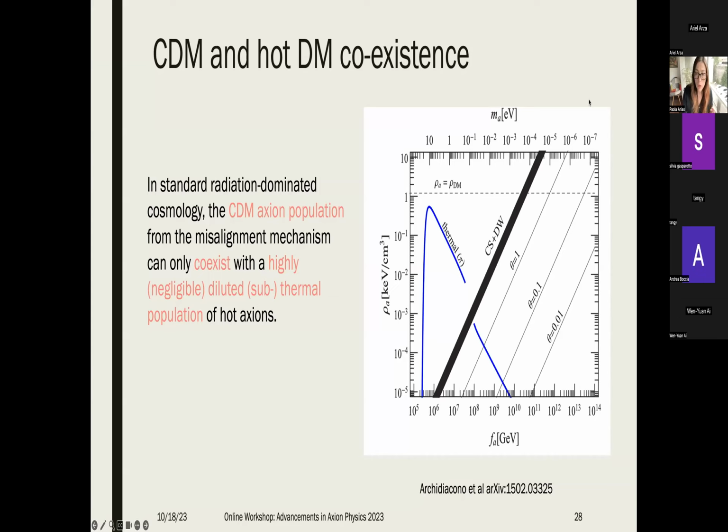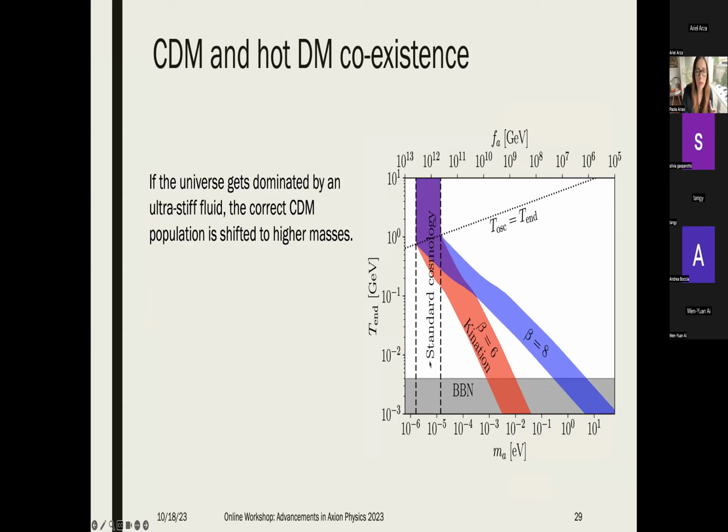And this is what we use to show that a coexistence would be possible between hot axions and a cold dark matter population in these stiff-like cosmologies.